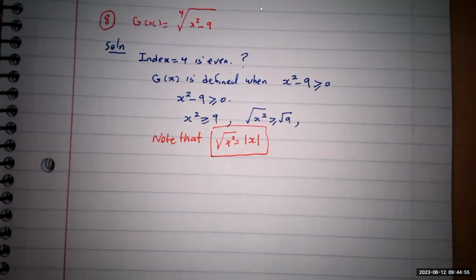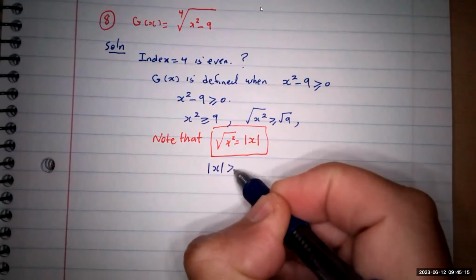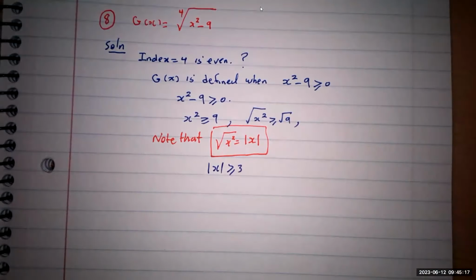If you have extra information that x is positive, you call it x. If you have information that x is negative, you call it negative x, okay? So radical x squared is the absolute value of x. So this means absolute value of x is greater than or equal to 3. Any question?